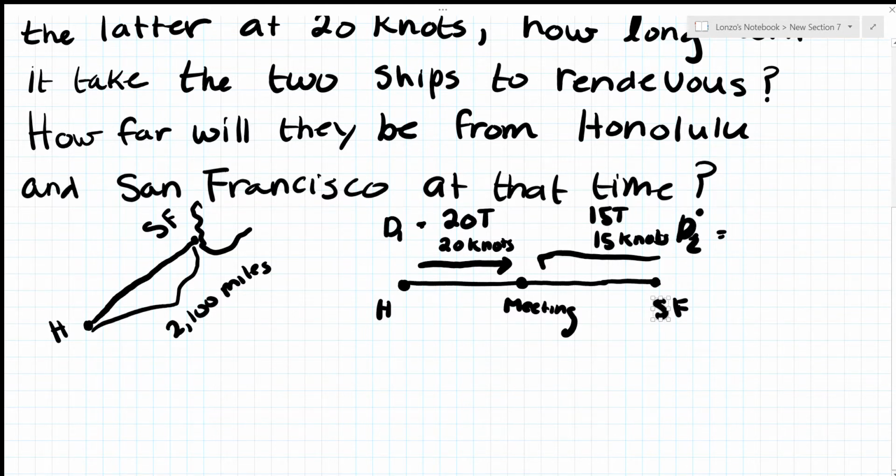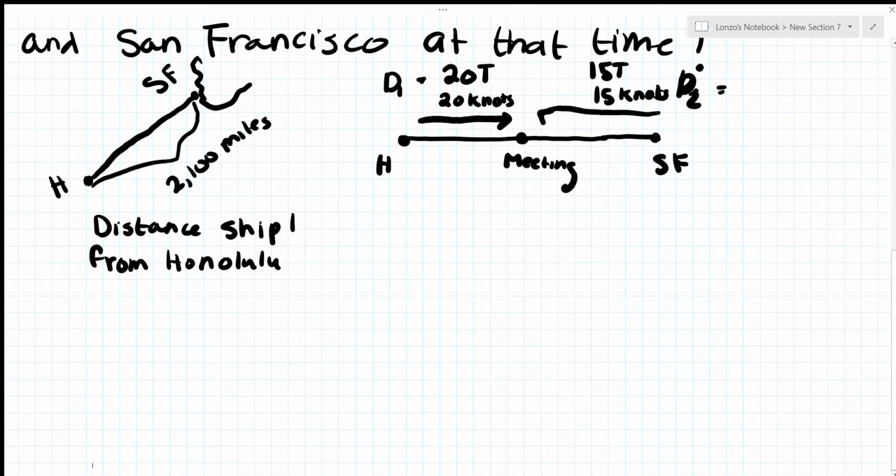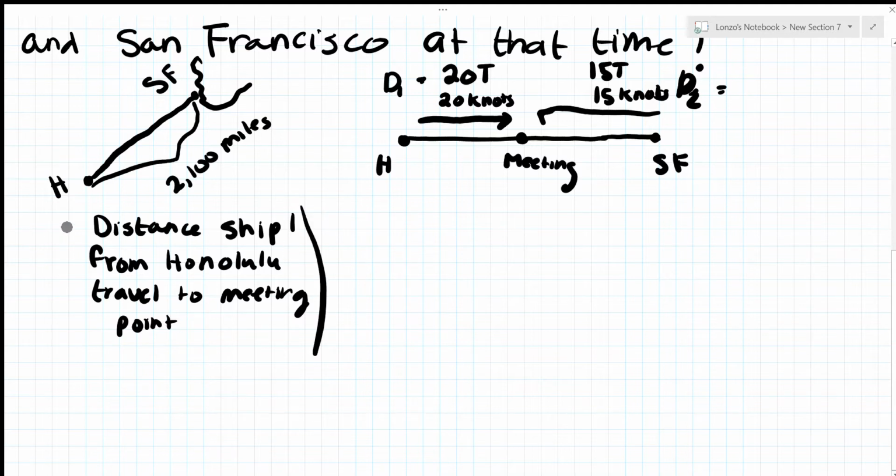So the distance of ship 1, from Honolulu, travels to the meeting point. So that is why we call it D1, or 20t.